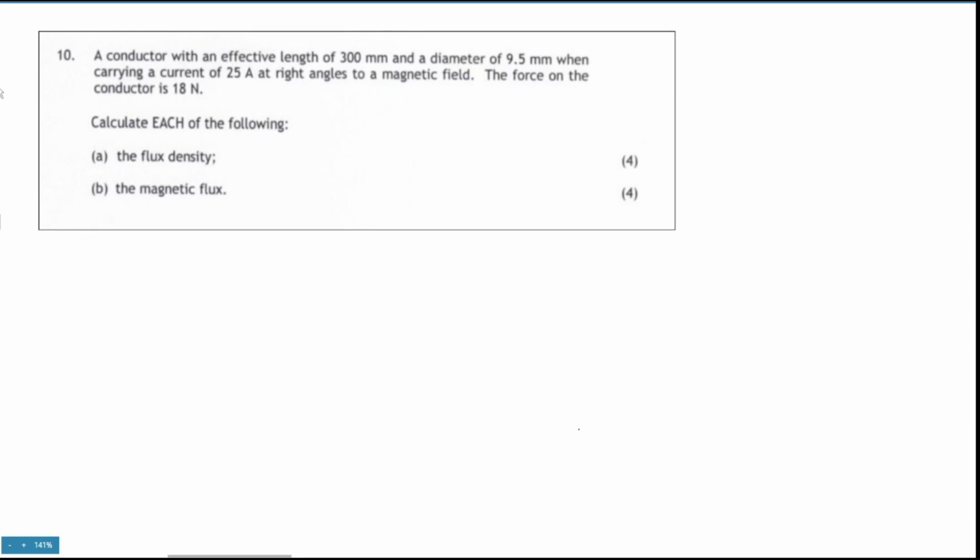Okay, question number 10. Let's have a look. A conductor with an effective length of this much and a diameter of that much, carrying a current of 25 amps at right angles to the magnetic field, the force in the conductor is this much. So we talk about flux density and magnetic flux. So I better get my formulas ready for this to start with. Flux density and magnetic flux.